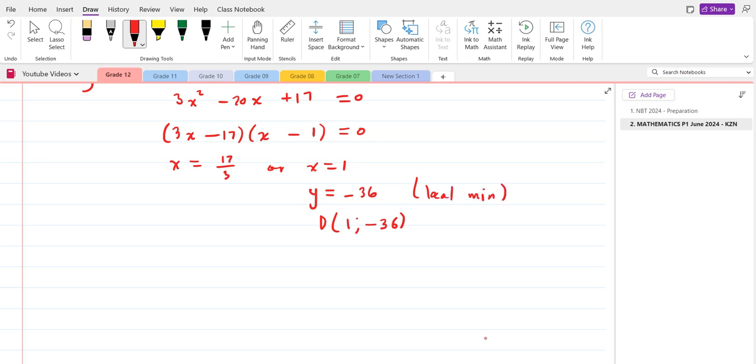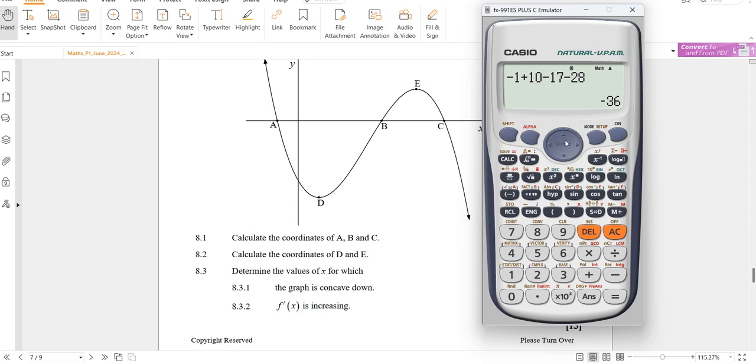Right, and local max, that's 17 over 3. So y is equal to, you're substituting 17 over 3, right? Minus 1 into 17 over 3 cubed, plus 10 into 17 over 3 squared, minus 17 into 17 over 3, 400 over 27.